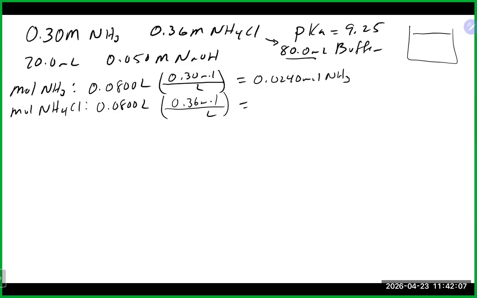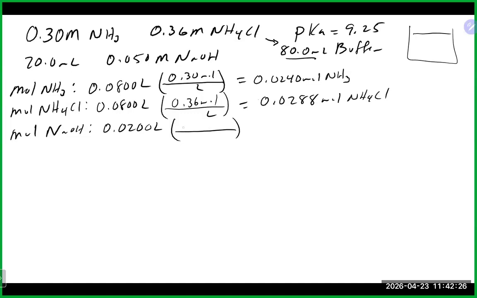Going to get us here 0.0288 moles of NH4Cl. And lastly, our moles of our sodium hydroxide. We have only 20 milliliters. Again, got to convert it to liters, times it by the molarity, 0.05 moles per liter.